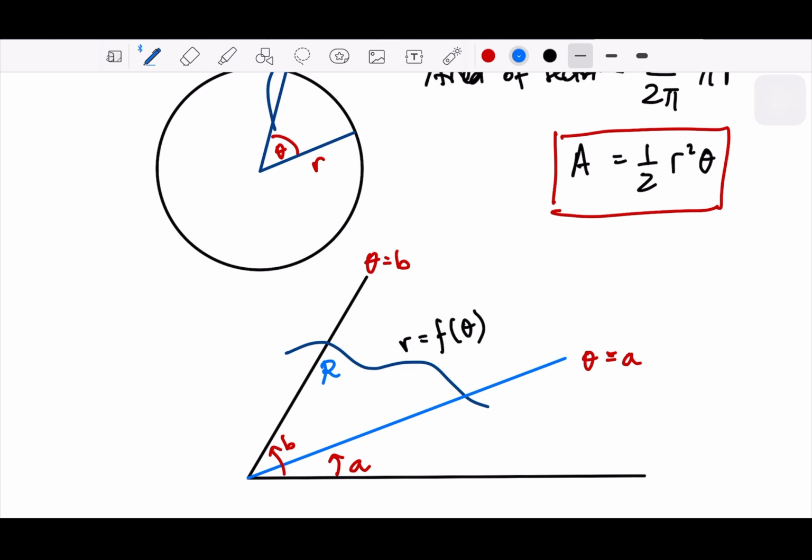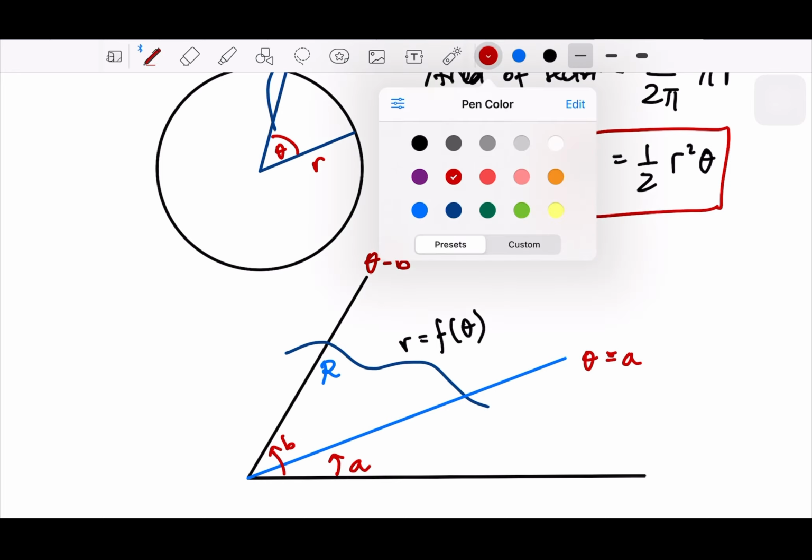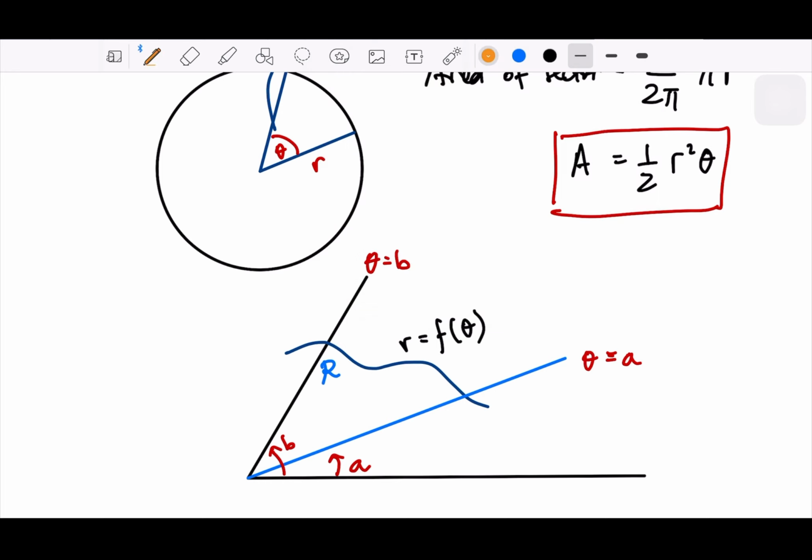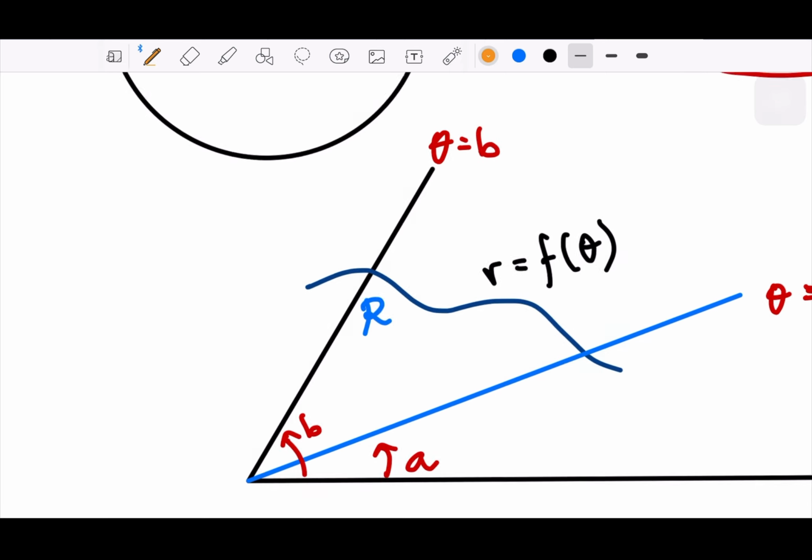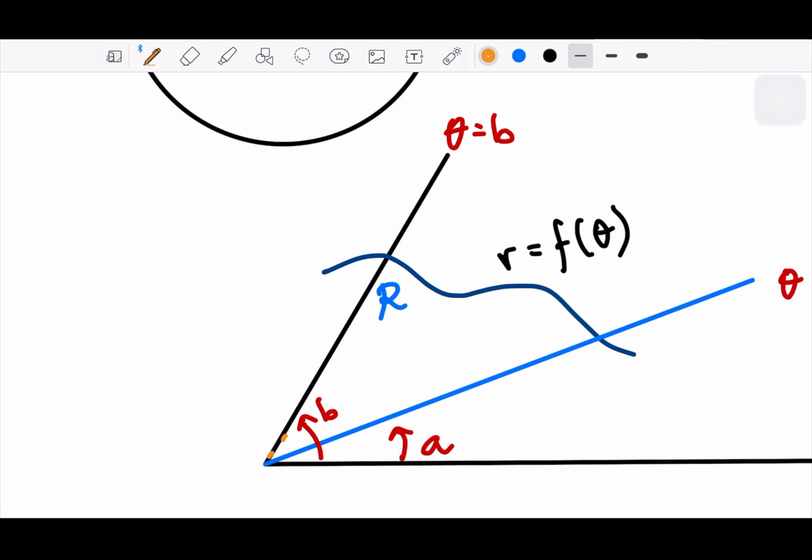If we define the integral like we did in calculus 1, we usually define small rectangles, right? But here we define small sectors, right? So let's just take one sample, maybe here.